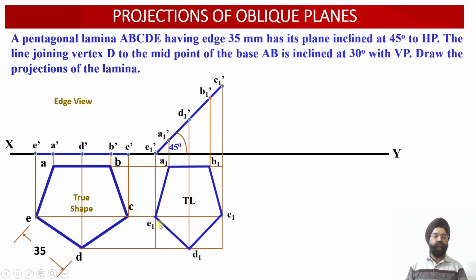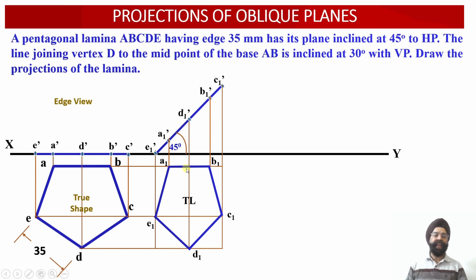And once we join all these top view projection points, the apparent shape of the pentagonal lamina in the top view has been obtained, in which A1B1 is the apparent length, B1C1 is the apparent length, C1D1 is the apparent length, D1E1 is the apparent length, and E1A1 is also an apparent length.